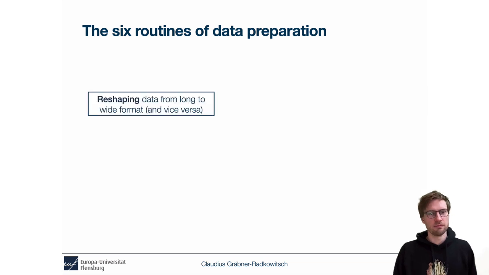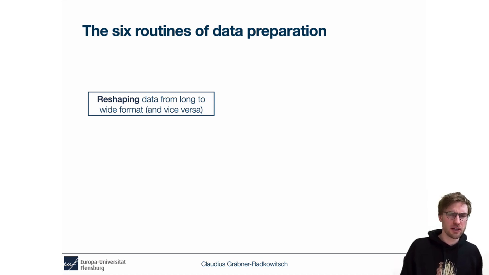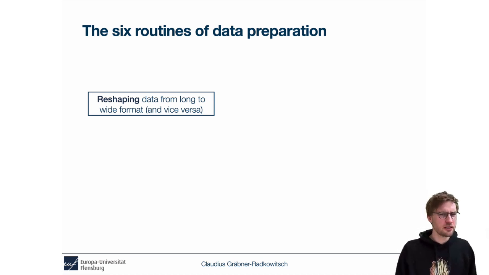The first routine is to reshape data from long to wide format, and vice versa. What's long and wide format? It's not entirely perfect, this kind of classification. It's probably better to talk about rather long and rather wide data.